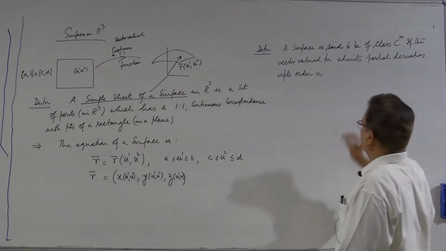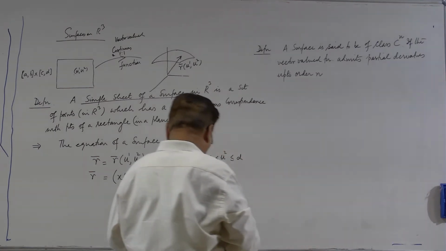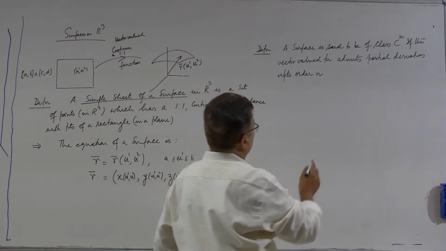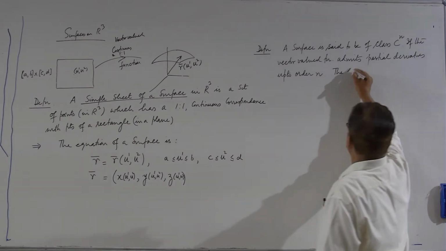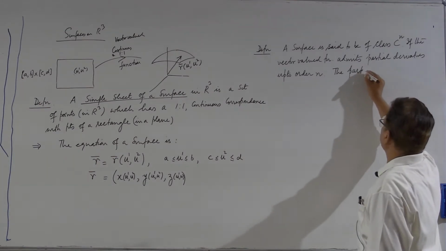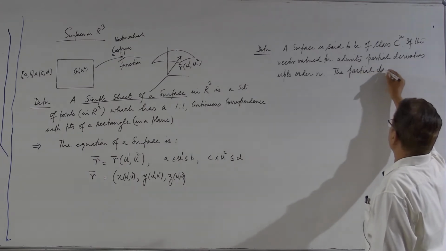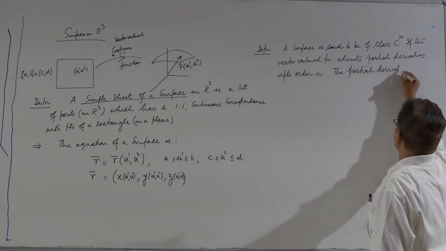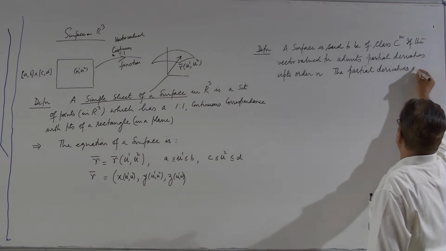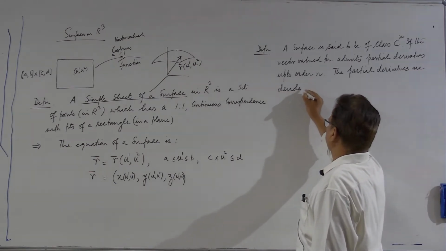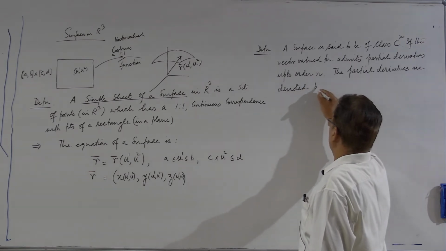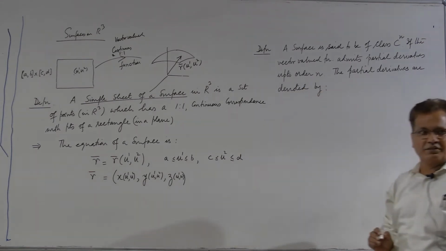Up to order n, the partial derivatives are denoted by the following notations.